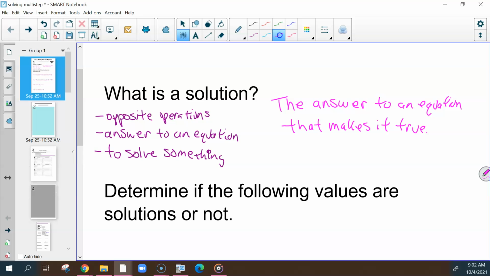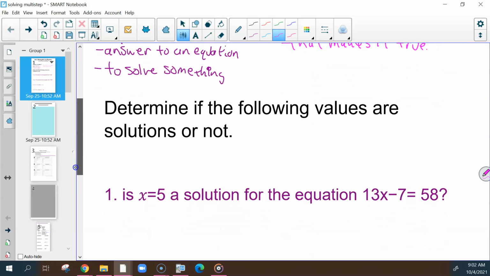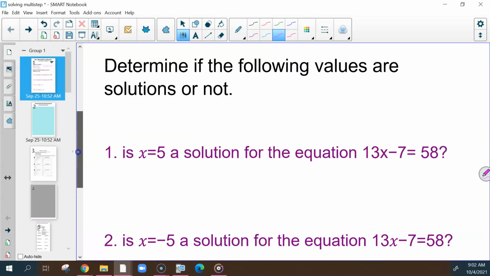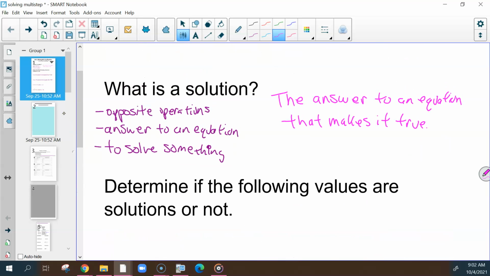So to determine whether these are solutions or not, that's exactly what we're going to do. We're going to put it back in and see does it work or does it not. So we're going to put 5 in for x.